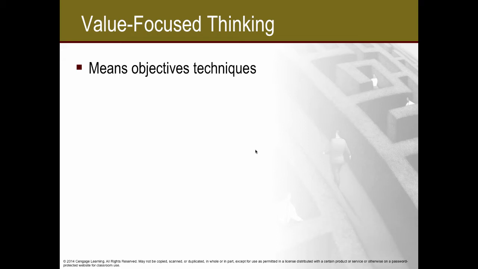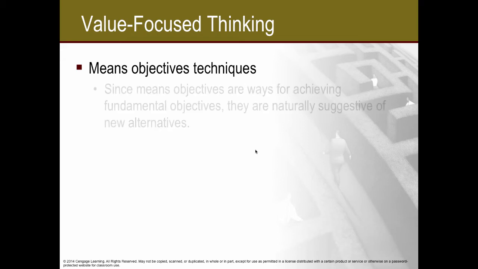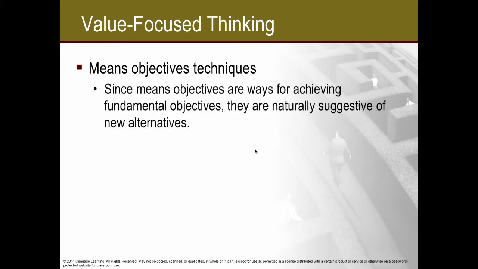Means objectives techniques. Since means objective techniques are ways for achieving the fundamental objective, they are naturally suggestive of new alternatives. Remember, for example, if cost minimization or profit maximization was the goal, a means objective is lowering the costs, and another one is just lowering the energy costs.